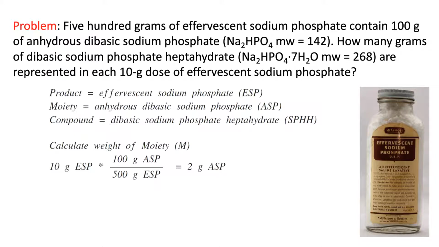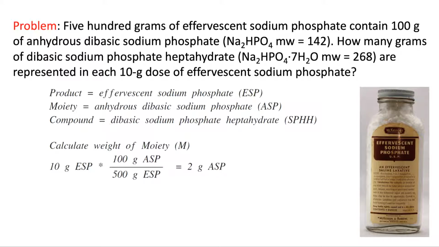So let's start with a 10-gram dose of the ESP. What do we know about that ESP? We were told that 500 grams of ESP contains 100 grams of ASP. So let's multiply by the fact that you get 100 grams of ASP for every 500 grams of ESP.